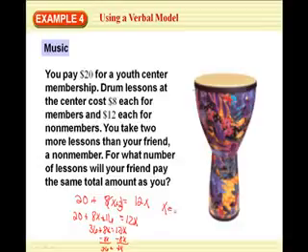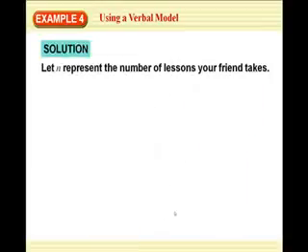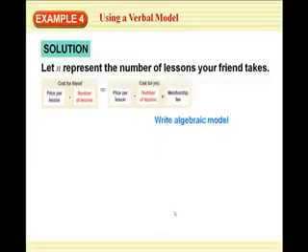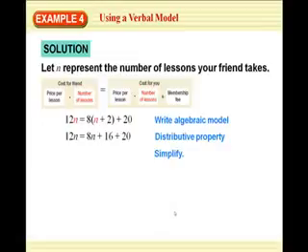Divide both sides by 4, x equals 9. It would have to be 9 lessons. So if your friend takes 9 lessons, they will pay the same amount that you did, even though you paid the membership fee. And you can see they set it up the same way. That's tricky. That distributive property in there is really tricky to remember.